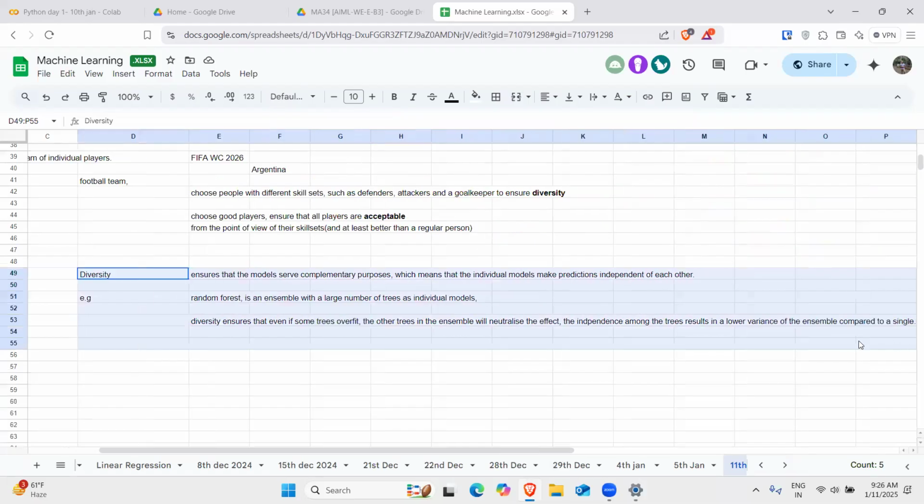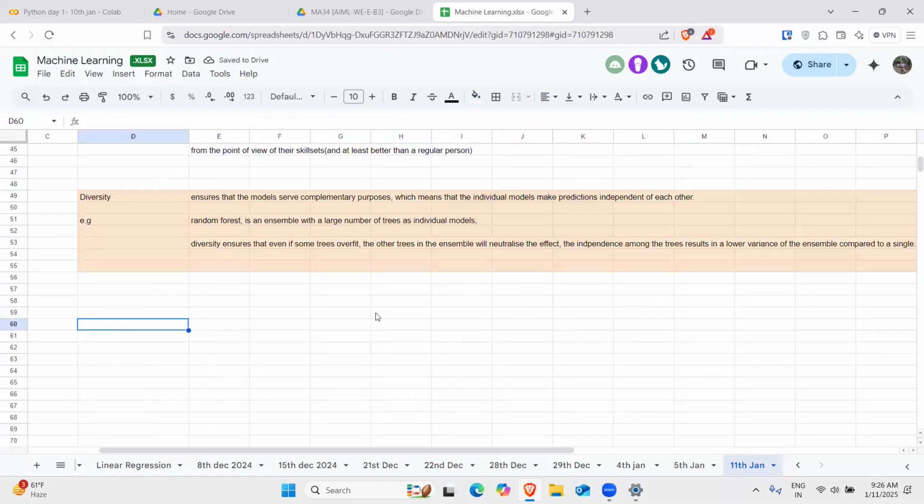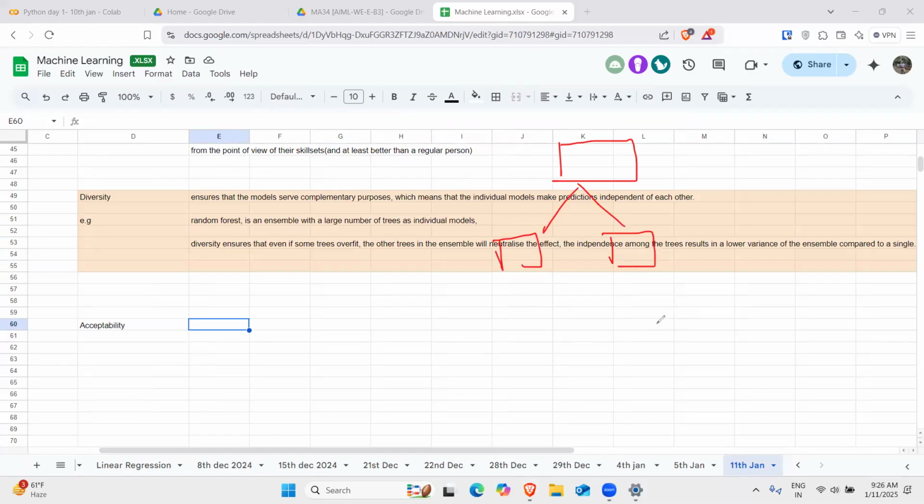And acceptability simply means the model should be acceptable first of all, right? It should not be like you're creating a classifier model and the accuracy you're getting is very low, 0.4. It should not be the case.